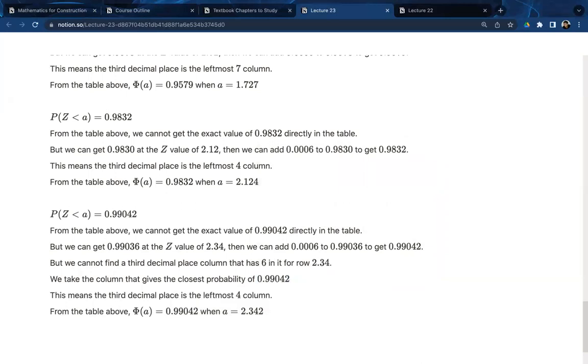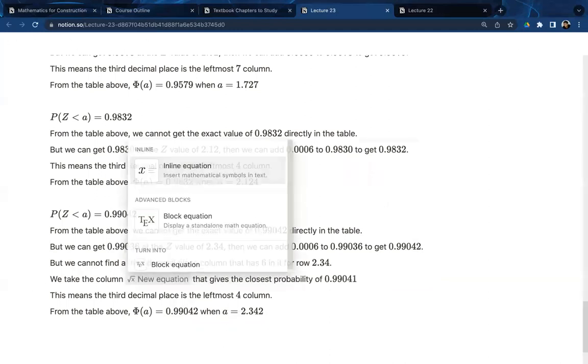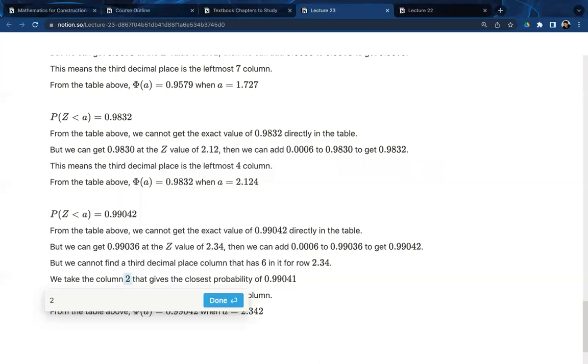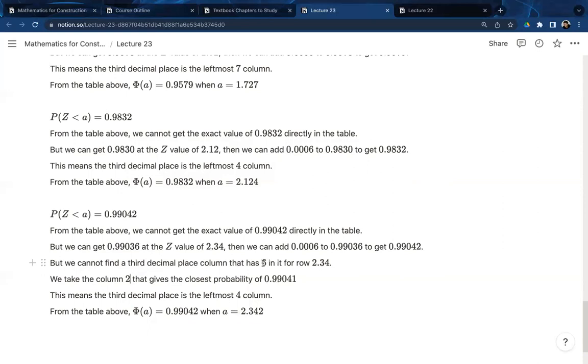We wouldn't get 42, we'll get 41, right? That's column 2. So you take the column 2 that gives the closest probability because you're adding 5 instead of 6, right?